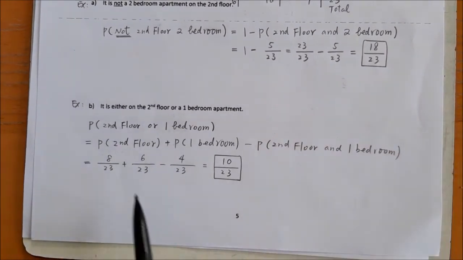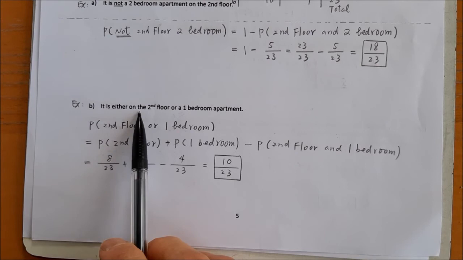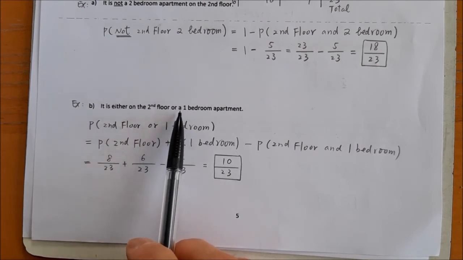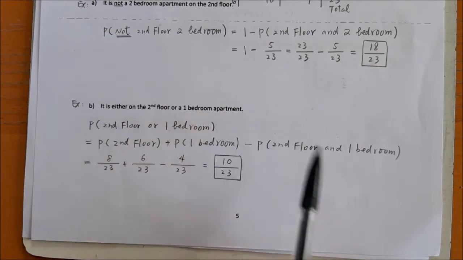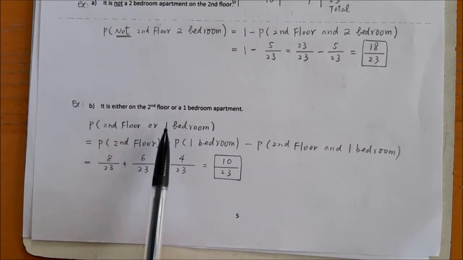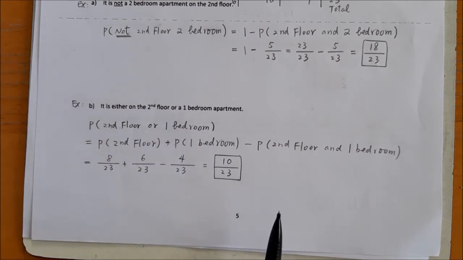And B, it is either on the second floor or a 1-bedroom apartment. So either second floor or 1-bedroom. We just use the addition rule.